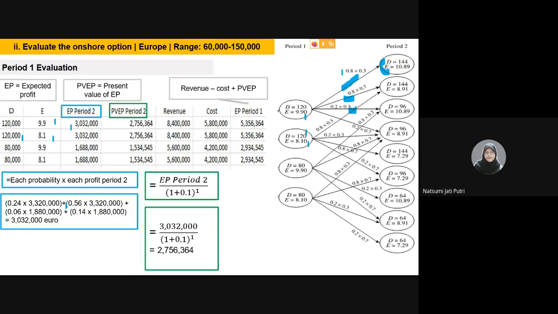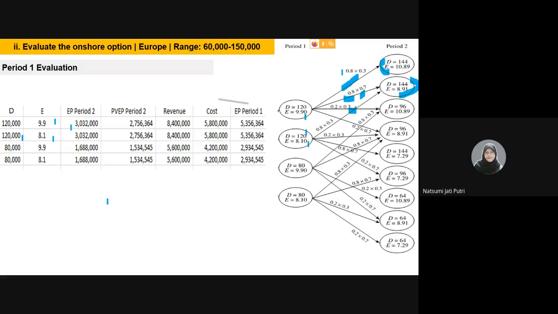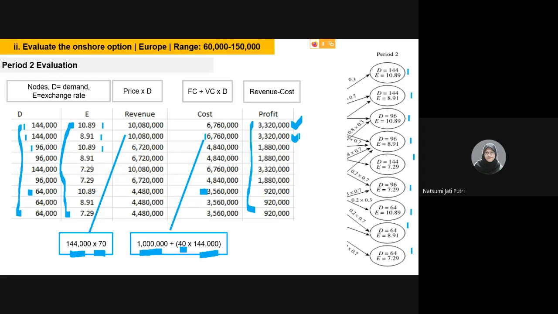And then plus the probability 0.56, we get this from here, 0.8 times 0.7, and times the profit here, which is the same, 3,320,000 from the profit in this node.